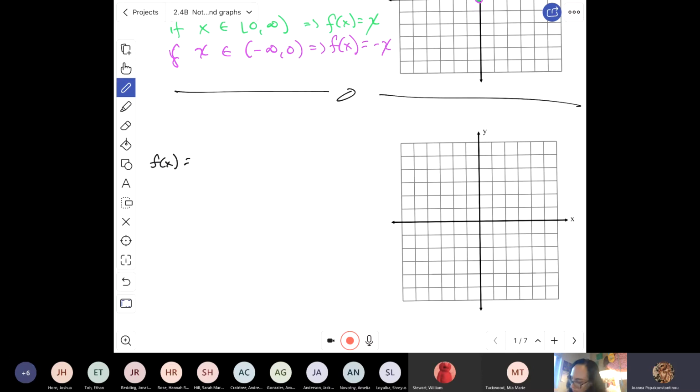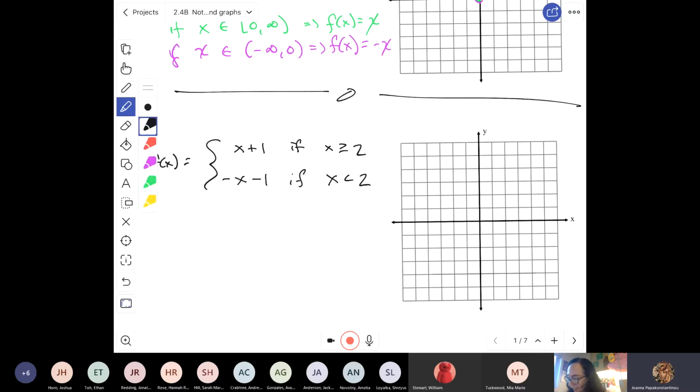What if I give you x plus 1 if x is greater than or equal to 2, and -x minus 1 if x is less than 2. So I have a piecewise function. I have two different intervals to represent this piecewise rule for each interval.